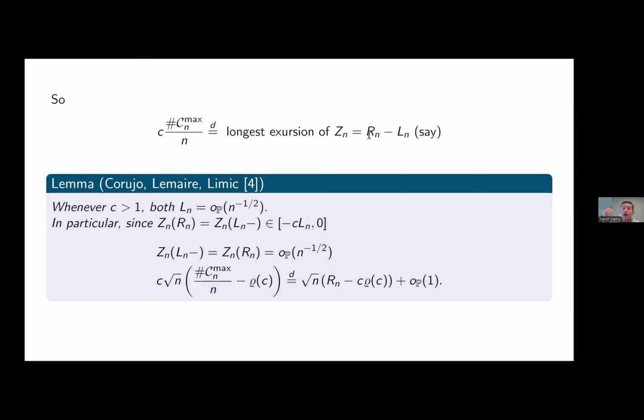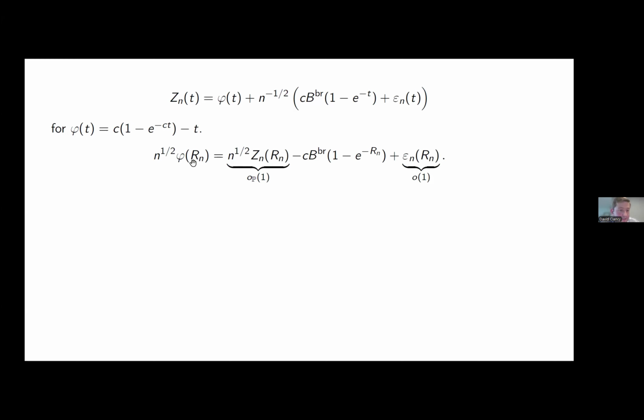If we evaluate at t equals Rn and rearrange the top equation, we have square root of n times phi of Rn is something involving Zn that is order little o of 1, minus a Gaussian process evaluated at 1 minus e to the minus Rn, plus something else of order little o of 1.